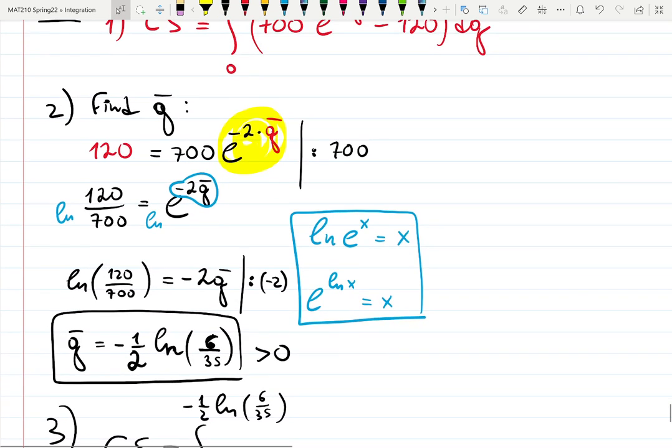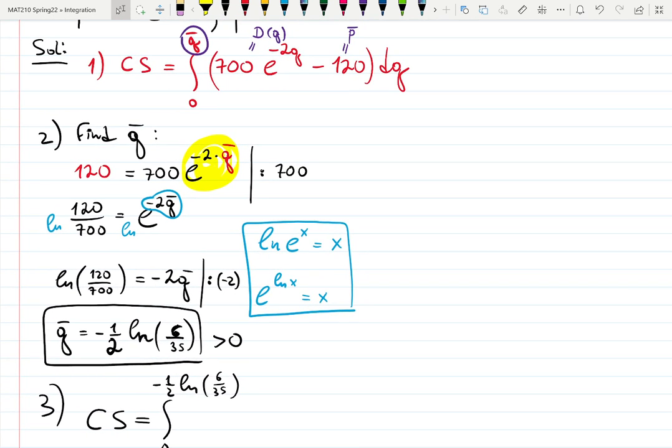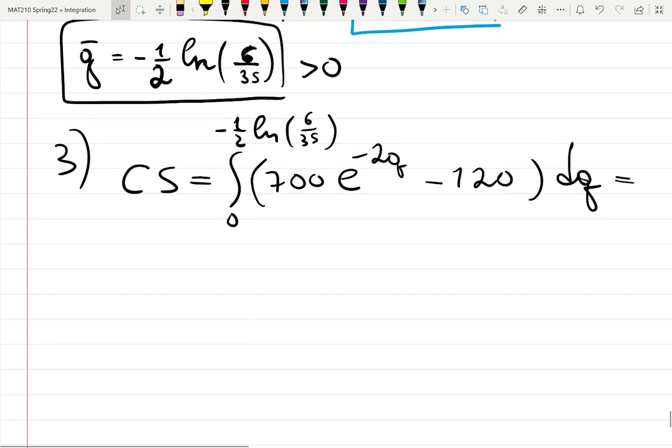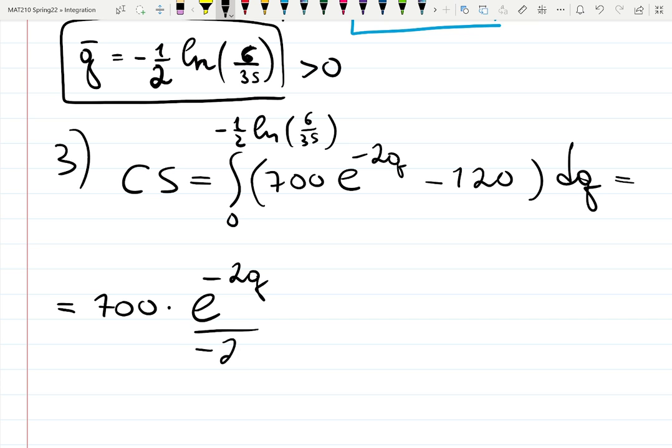Put the equation you were given, which is 700e to the minus 2q, minus the number you were given, which is p bar, 120, dq. Simplify and integrate. There's nothing to simplify here, so I will integrate 700e to the minus 2q divided by minus 2.